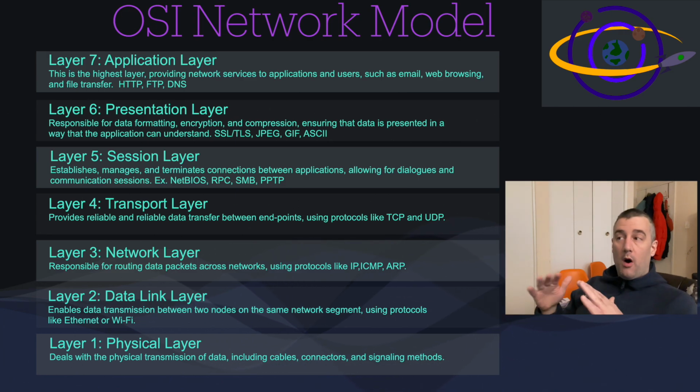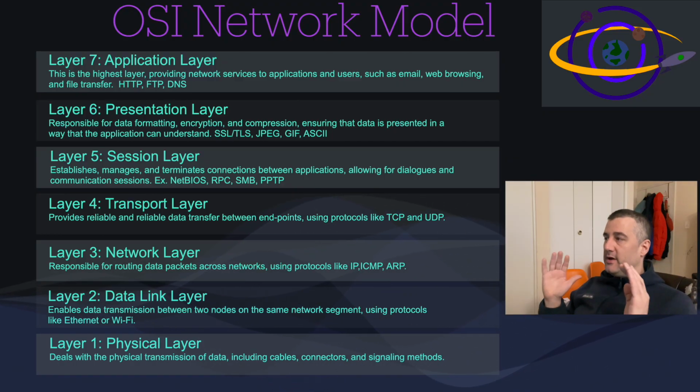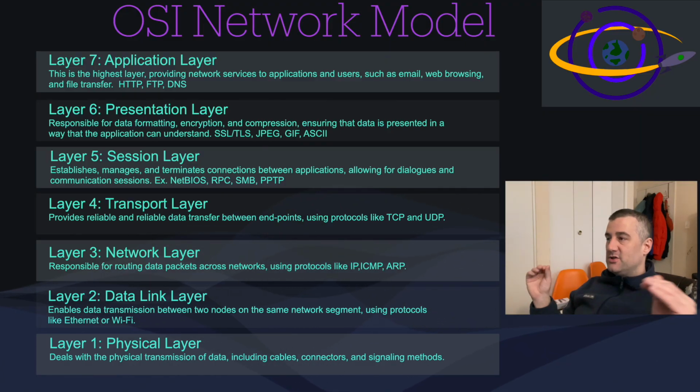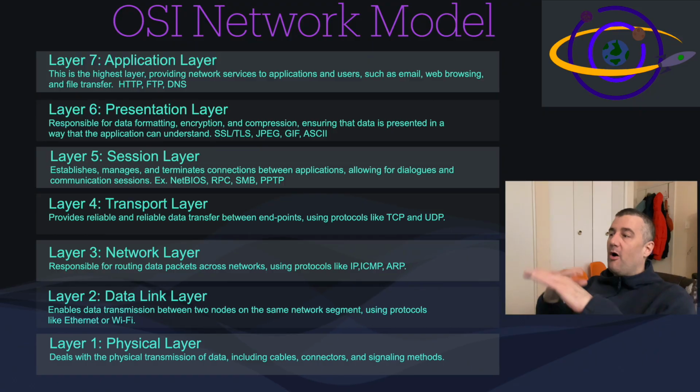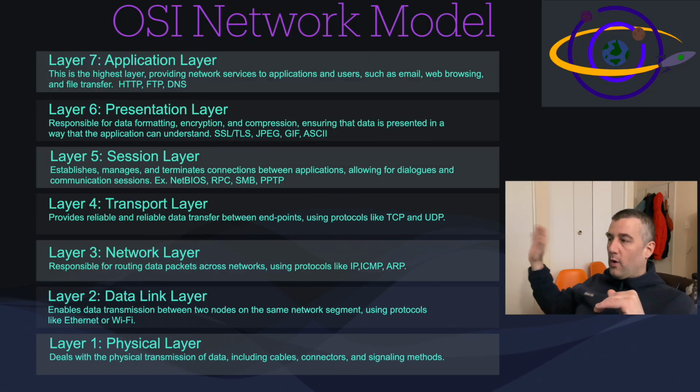Now, given these don't always match up to real world implementations, and they don't always necessarily make sense, I'm going to go ahead and criticize these a little bit. Personally, I feel like layers 5, 6, and 7 should be combined into one, because they're all just handled by application logic and they don't have anything to do with going from one point to another.